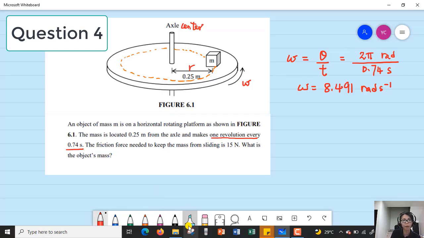So we want to find what is the object mass. We want to determine the value of m.